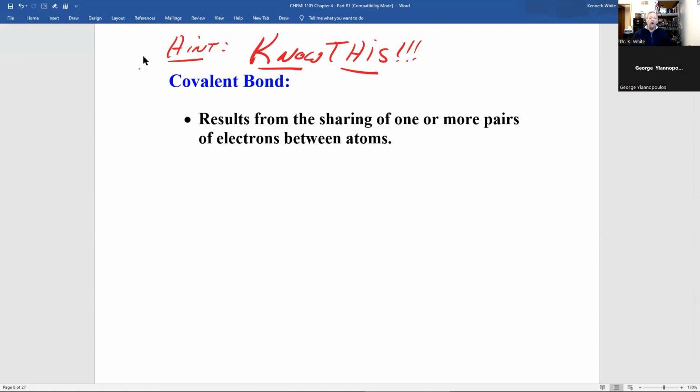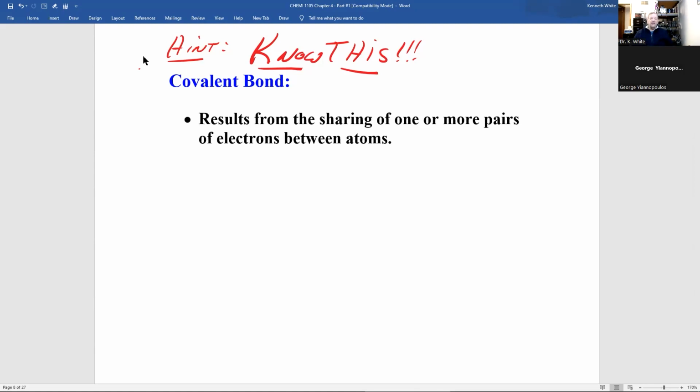Know this. What is a covalent bond? A covalent bond results from the sharing of one or more pairs of electrons between atoms. Remember, a pair means two.